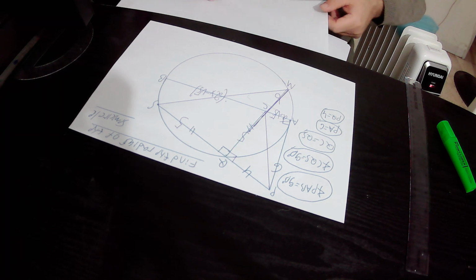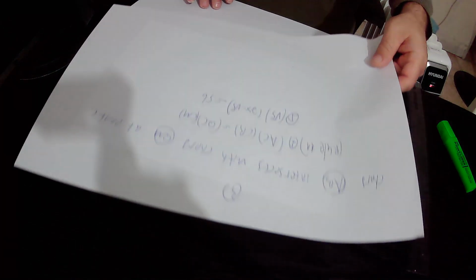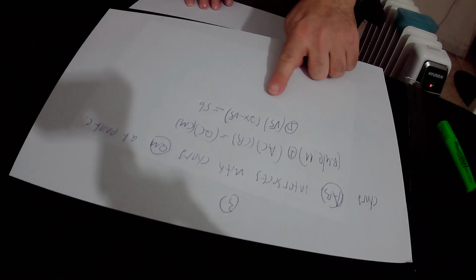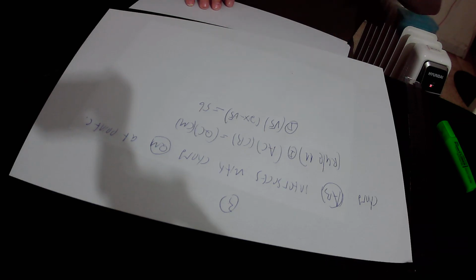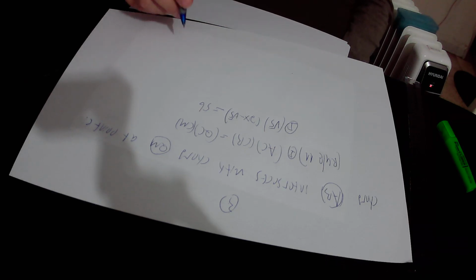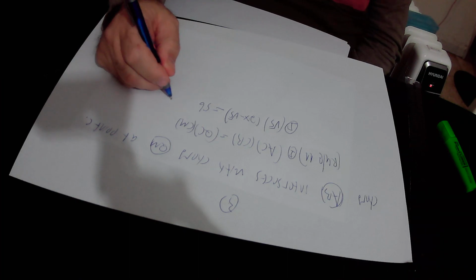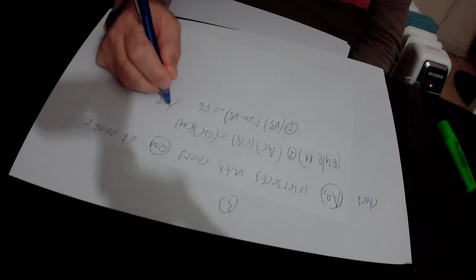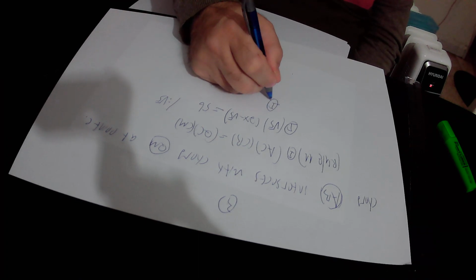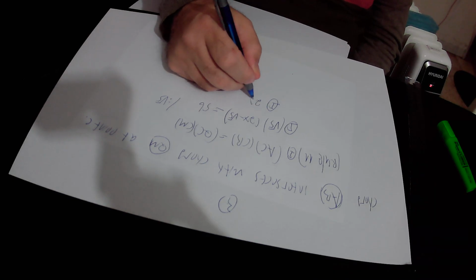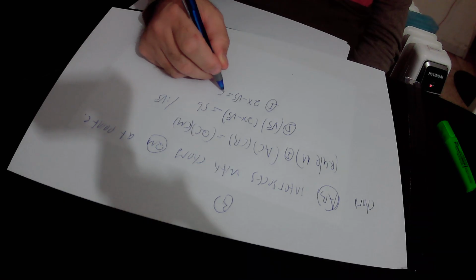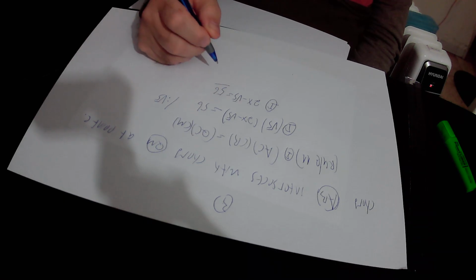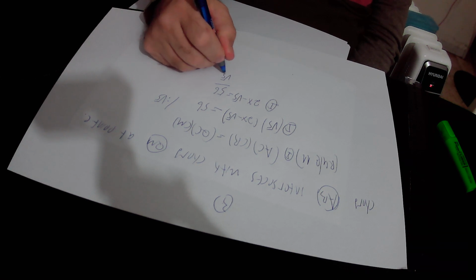So in conclusion, according to equation number 1, square root of 5 times 2x minus square root of 5 equals 5b. Here we'll divide this equation number 1 by square root of 5, and we get that according to equation number 1, 2x minus square root of 5 equals 5b over square root of 5.